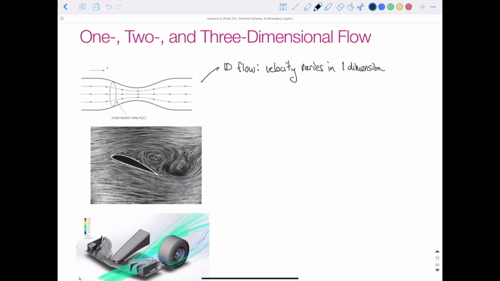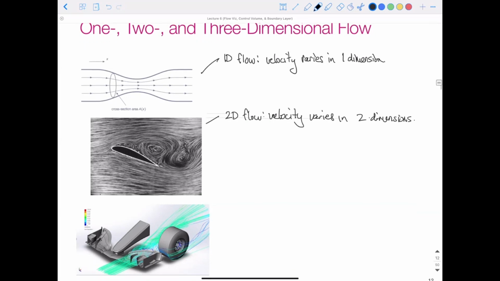So in two-dimensional flow, you can imagine that the flow velocity would vary in 2 dimensions. And then finally in 3D flow, we would have the velocity varies in 3 dimensions.